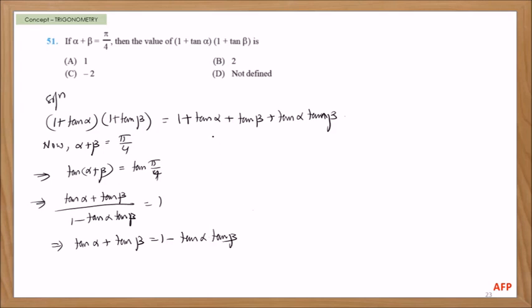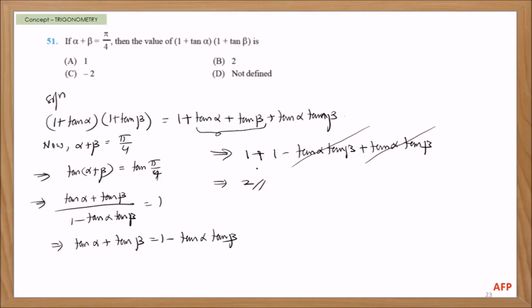Substitute in this equation: 1 as it is plus 1 minus tan alpha tan beta plus tan alpha tan beta. Tan alpha tan beta will get cancelled, so 2 is the answer.